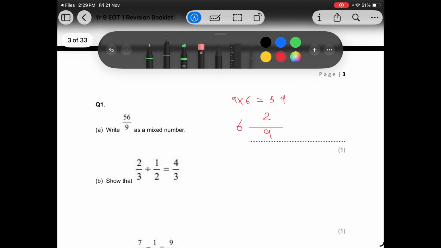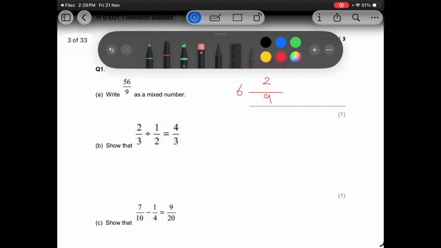Okay, and the very next problem, show that this division equals 4 over 3. Let us show that. We will work step by step. So first of all, guys, I will convert this division to times, and after that I will multiply the top by the top, the bottom by the bottom, then I will simplify if there is any room for simplification.